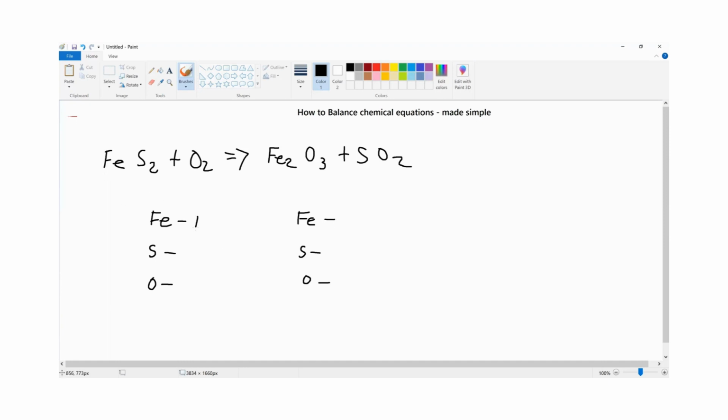So we have one iron, two sulfur, and two oxygen. And over here we have two iron, remember, count the bottom ones. We have one sulfur, and we have 1, 2, 3, 5 oxygen.